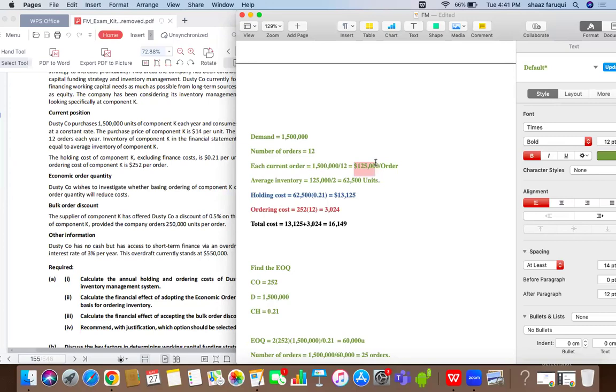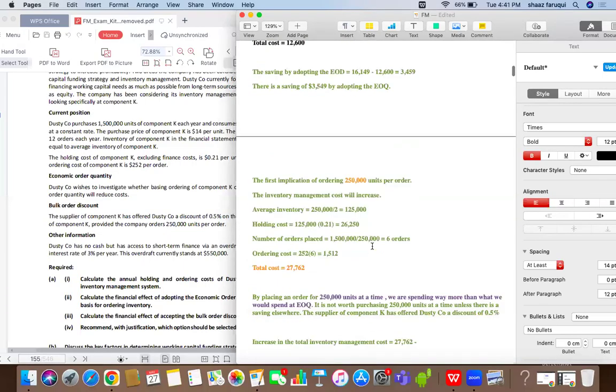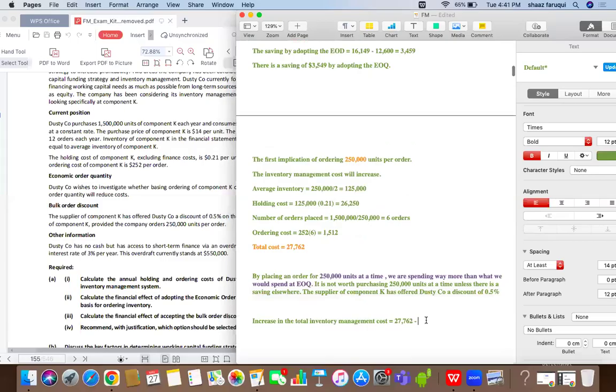So as of now, our total inventory management cost is 16,149. And by ordering 250,000 units each time, you're spending 27,762 minus 16,149. So you're spending in excess of how much?